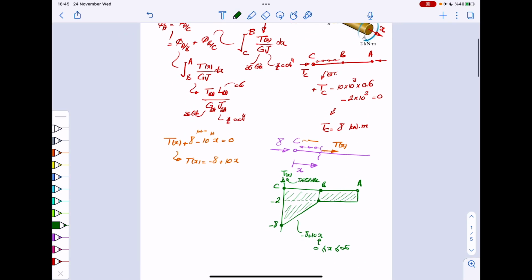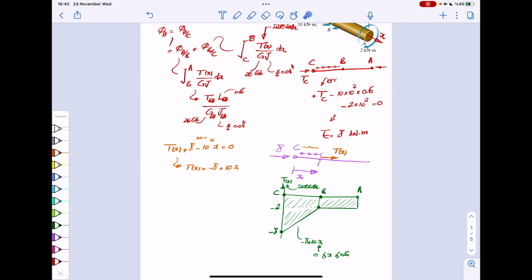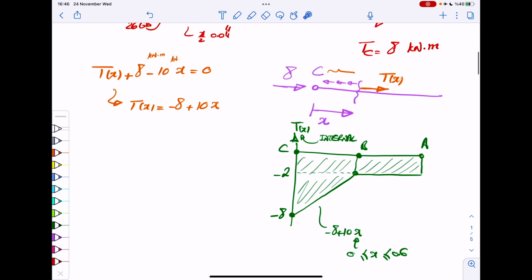We have basically everything we need for this problem. All you need to do is to insert that T in this equation and integrate it from C to B, and then just add it with this one, and you're done.